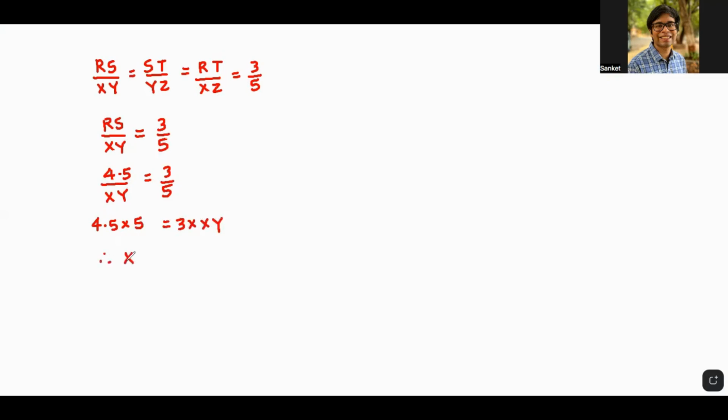Therefore, XY is equal to 4.5 multiplied by 5 divided by 3. Therefore, XY is equal to 7.5 centimeter.